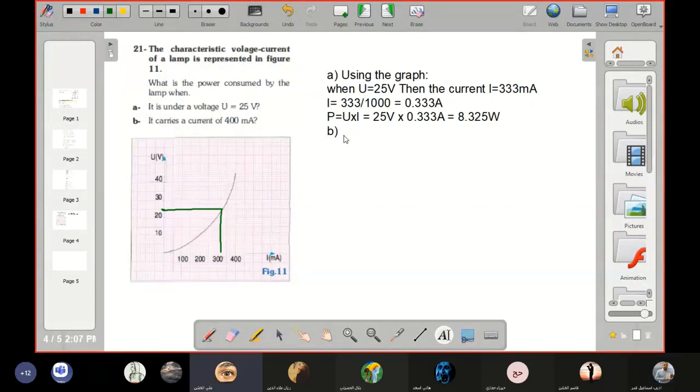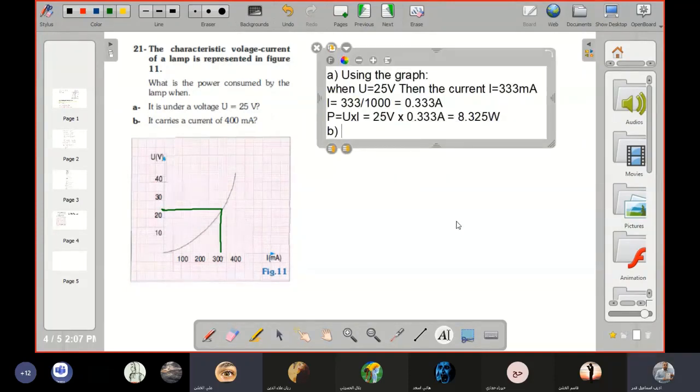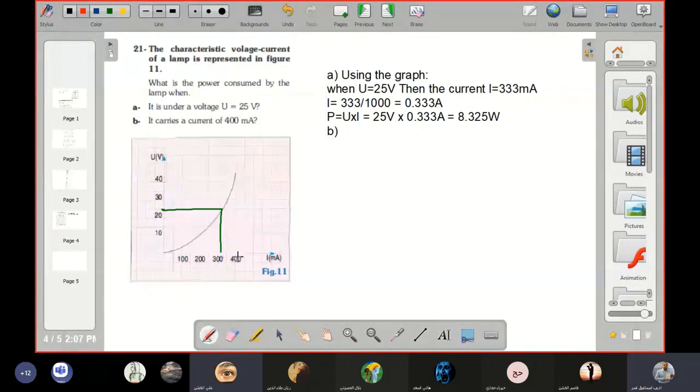It carries a current of 400 mA. Okay. So now we have the current. I'll change the color. We have the current which is 400 milliamperes. So this is 100, 200, 300, 400. Here is 400. What do we do, Ali? Using the graph.